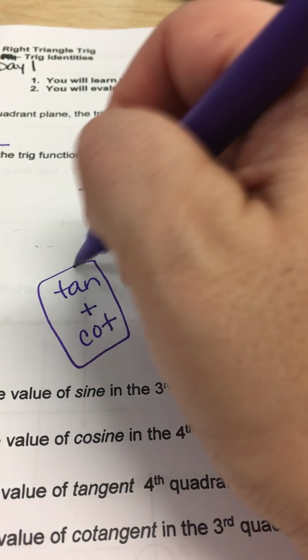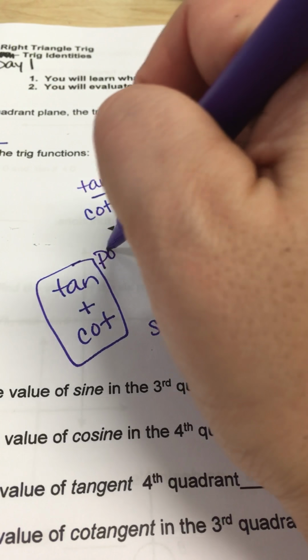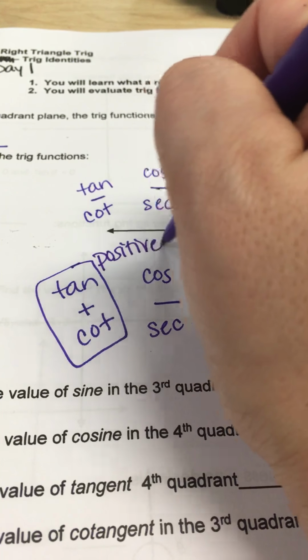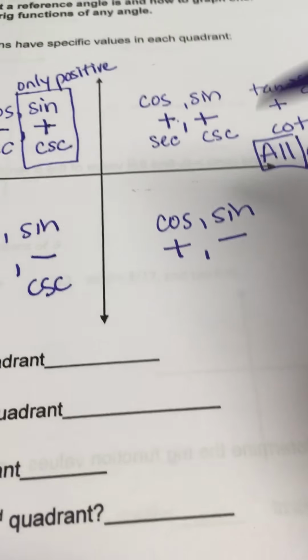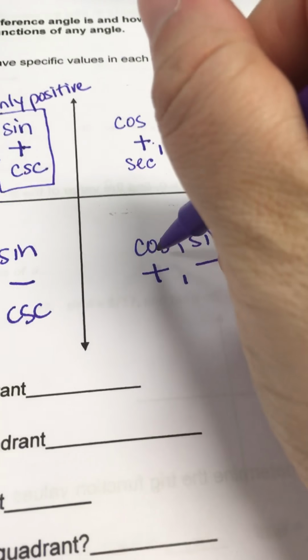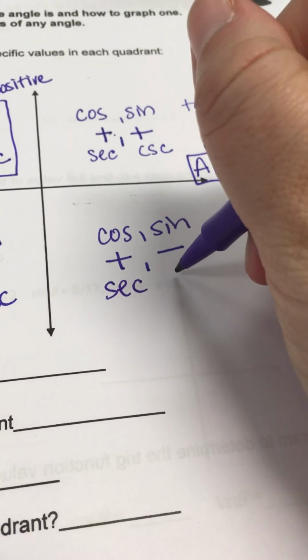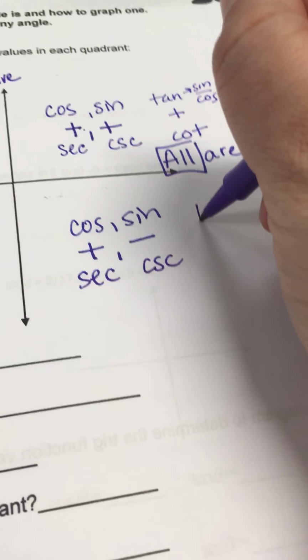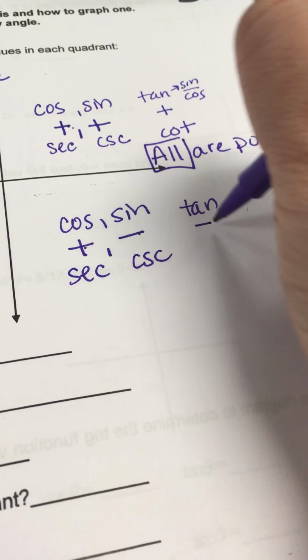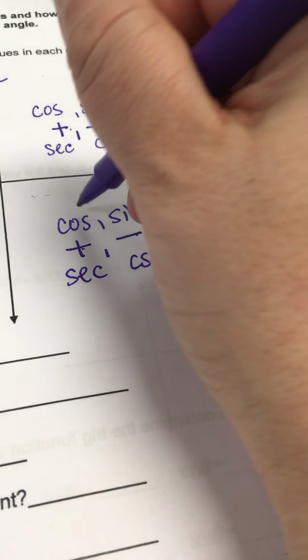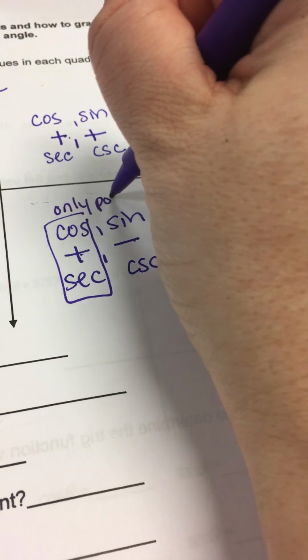So in the third quadrant, these are your positives. Last one here in the fourth quadrant. Cosine and secant are positive, sine and cosecant are negatives. Tangent, which would be a negative over a positive, so that would be a negative, and cotangent is negative. So these are my only positives.